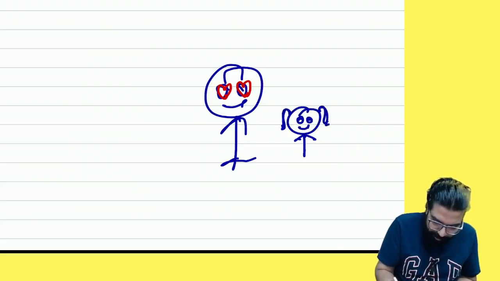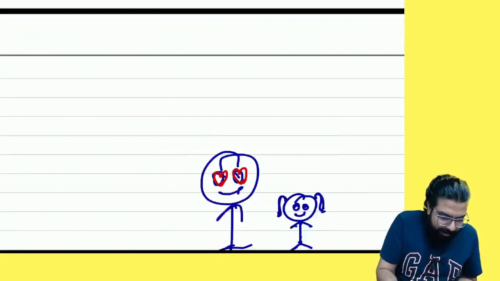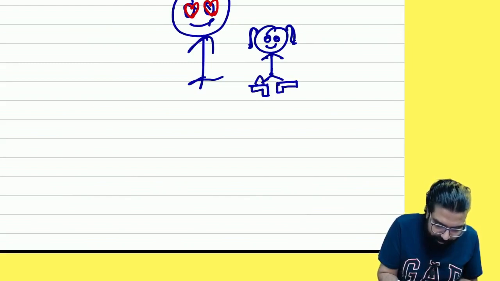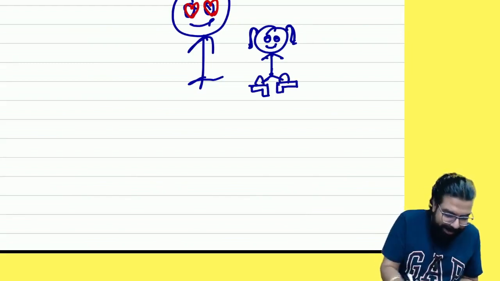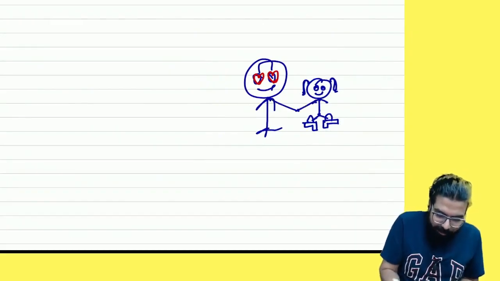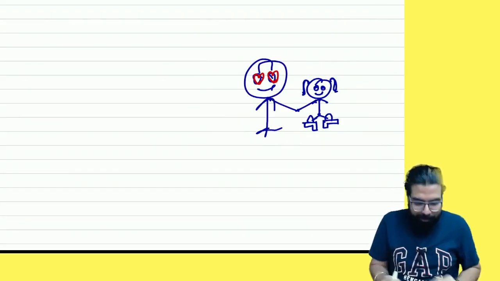Sir, why is she so small? Arey, she is small, so what? We'll put heels wala chappal. Ding. Arey, chappal, heels wala chappal, baba. So now she has become tall. Done. Everyone, this is Prithvi and Prithvi's girlfriend.